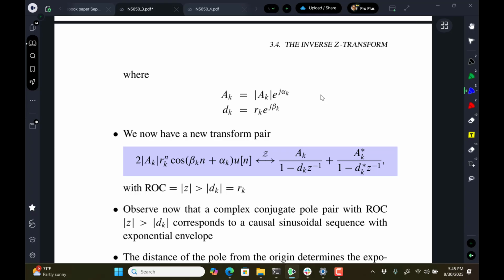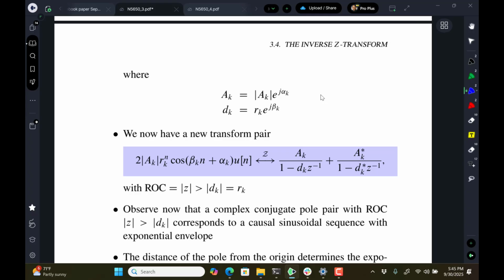conjugate pole pair in the z domain, this will lead to a damped cosine wave in the time domain. It has some frequency related to what I just said, the angle the pole makes to the unit circle, and the decaying exponential factor will be controlled by the amplitude A_k, as well as r_k, the radius of the pole.